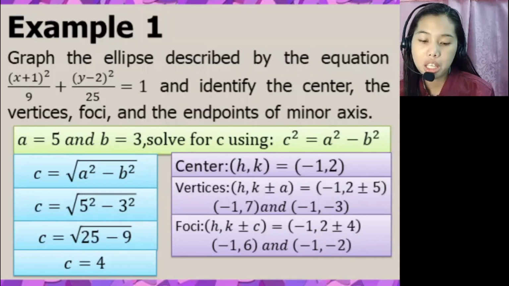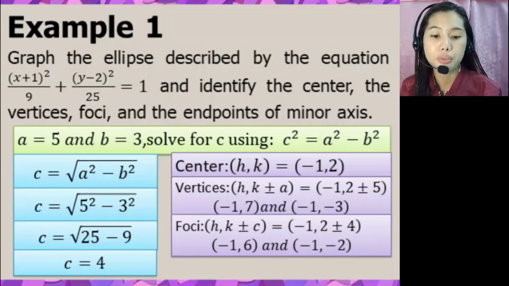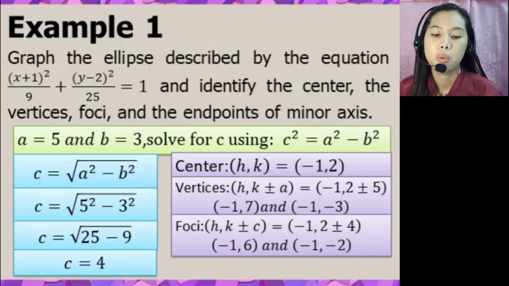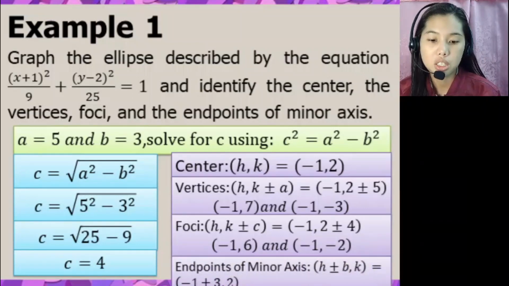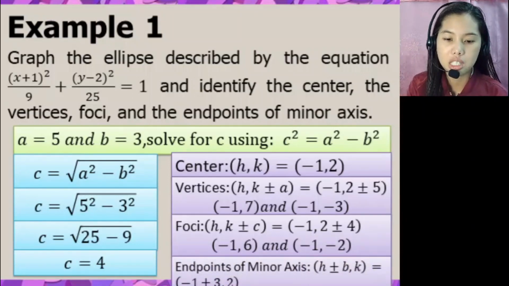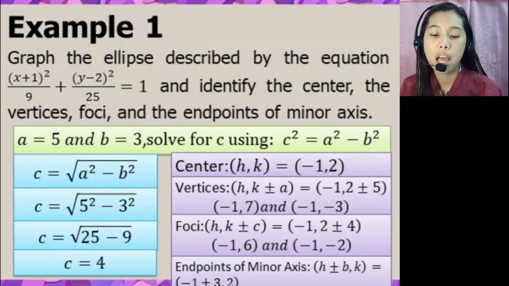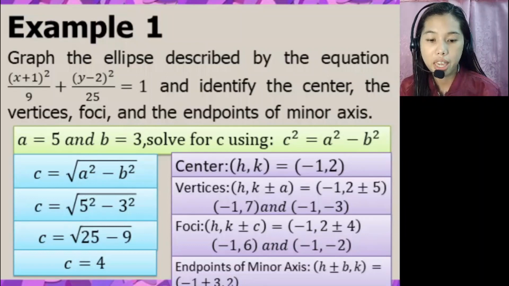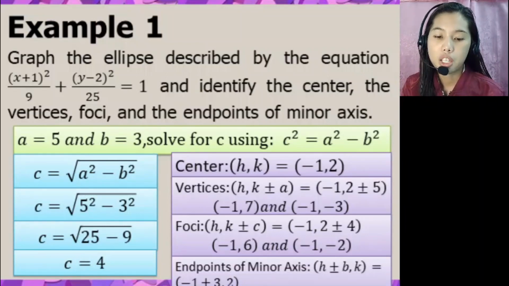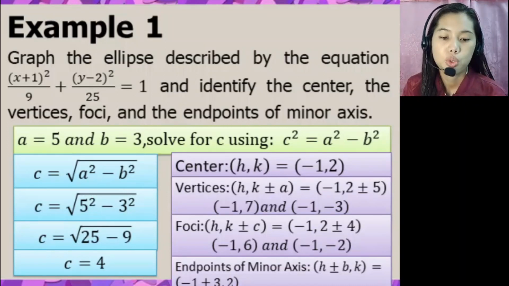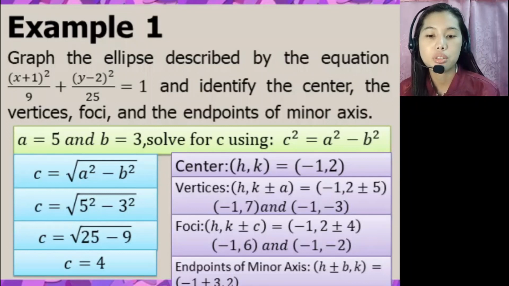Now at this point, it is easy for us to graph our ellipse, right? And then we're going to have the last one, which is the endpoints of the minor axis. So for the endpoints of the minor axis, you will have h plus minus b, k. So our h is negative 1, our b is 3. So negative 1 plus 3 is 2, and negative 1 minus 3 is negative 4.